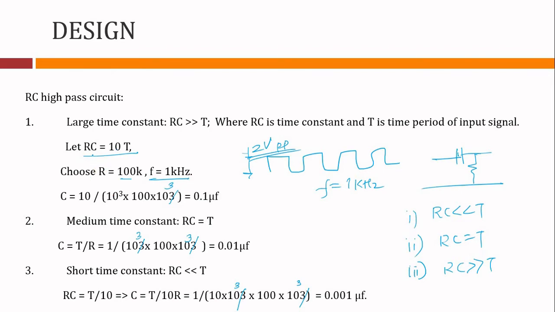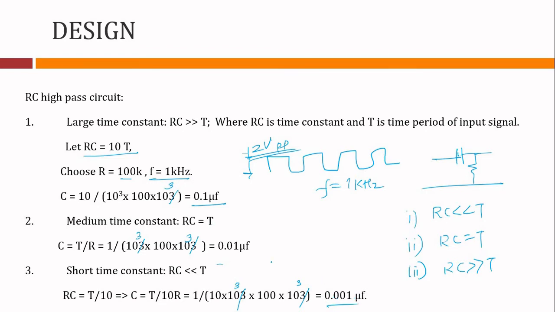Substitute in this expression and get the value of C. C is 0.1 microfarad. For the medium time constant, that is RC equals T, similar. And for RC very much less than T, the value of the capacitor turns out to be 0.001 microfarad.